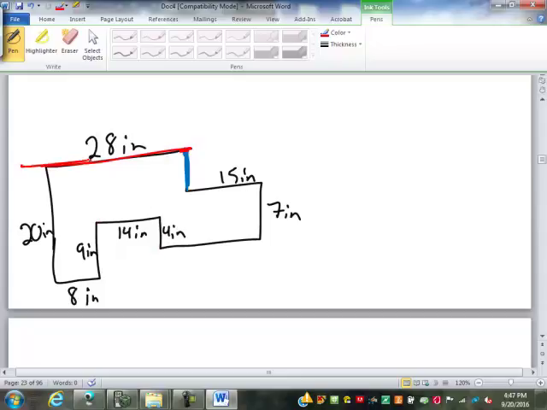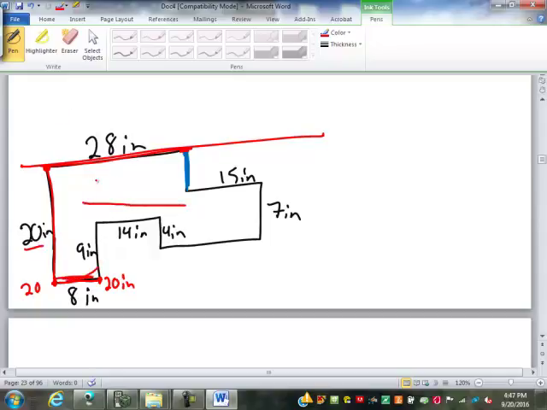Basically, I'm going to say, how far am I at every point from that line? So if I start right here and I go down to here, how far am I below that line right now? 20 inches. That's 20 right there. If I go over here, how far am I below the line? Still 20 inches. Why haven't I moved? Because I've gone horizontally. This is parallel to that.